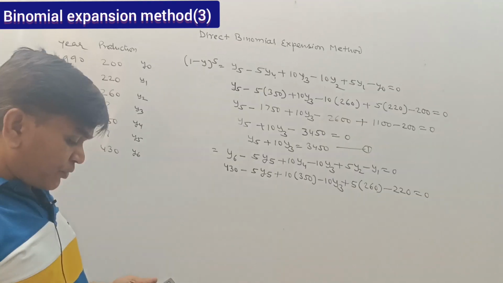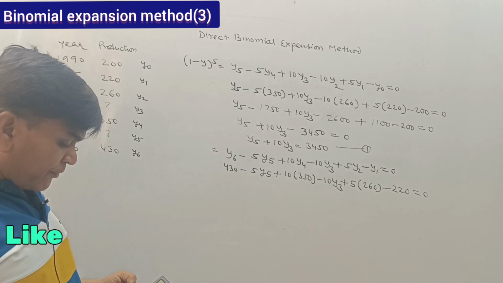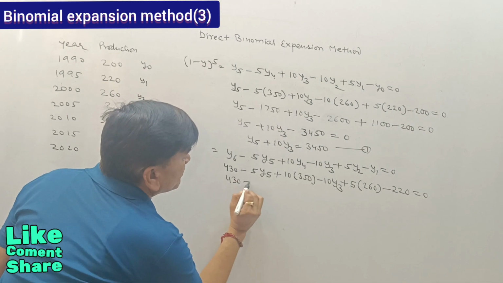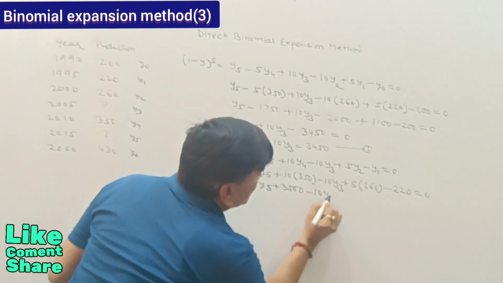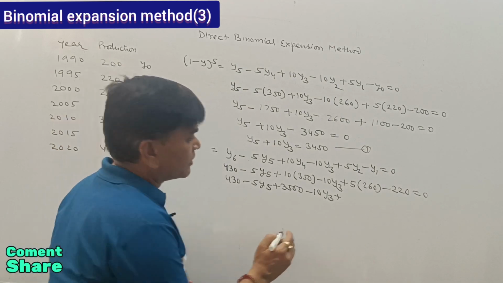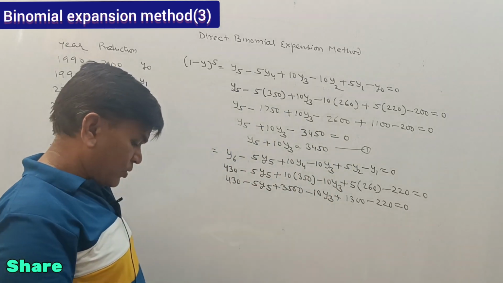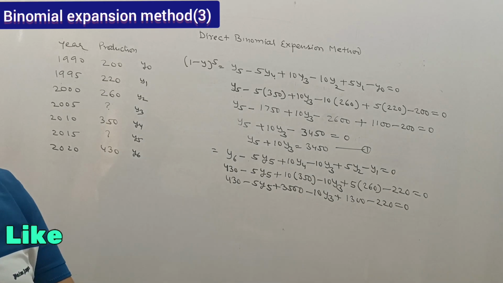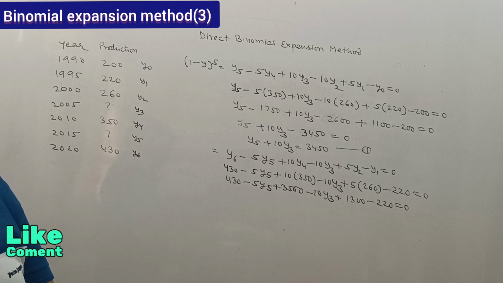We have 430 as a plus value, 3500 as a plus value, 5 multiplied by 260 is a plus value 1300, and 220 is a minus value. So the value of the second equation is 1990.